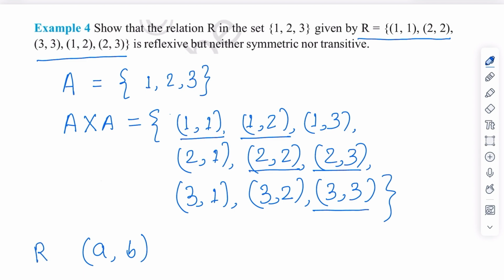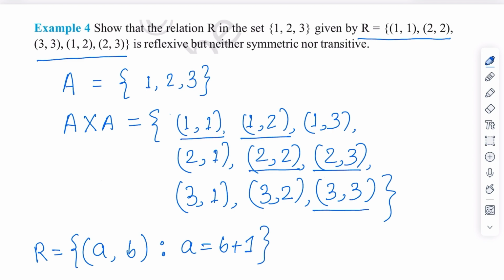So a relation is normally written as (a, b), but there is a relationship between a and b. Let us consider a relation, for example, a = b + 1.